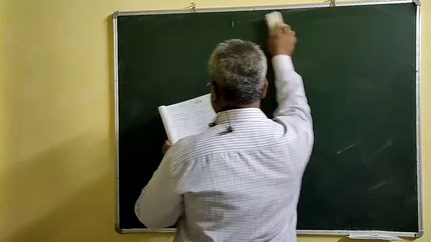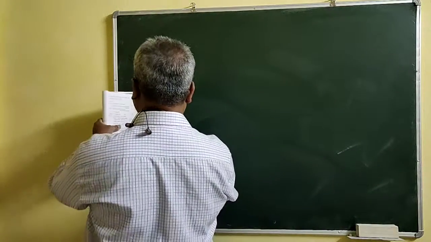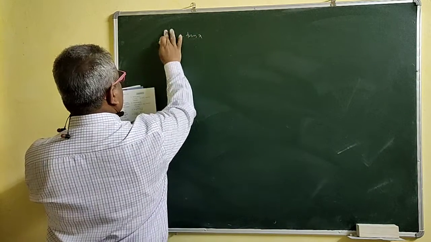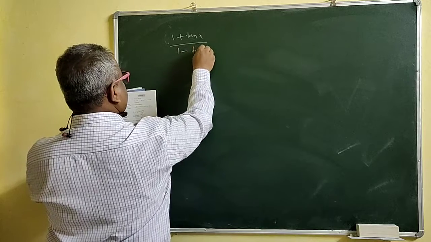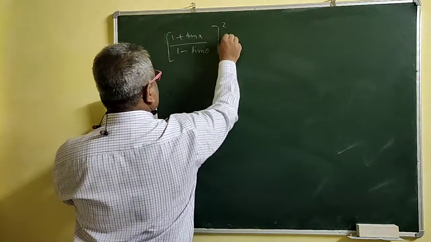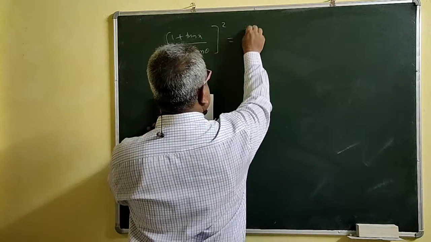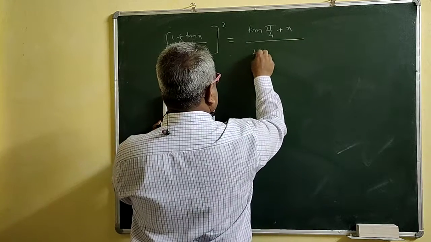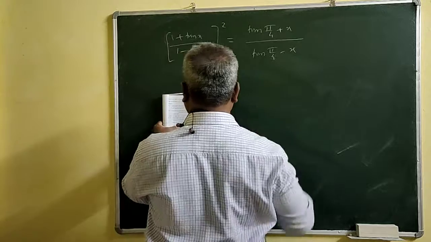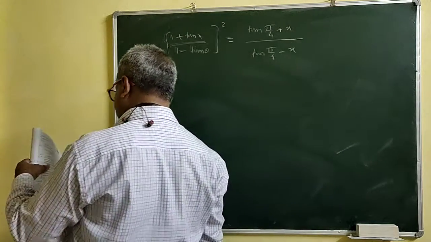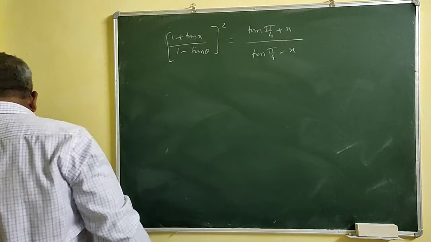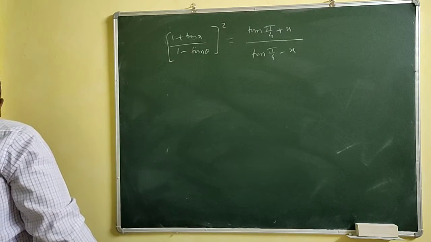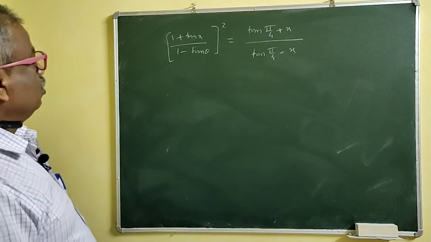Okay. So now next, prove that (1 + tan x) upon (1 - tan x), whole bracket squared, is equal to tan(pi/4 + x) upon tan(pi/4 - x).